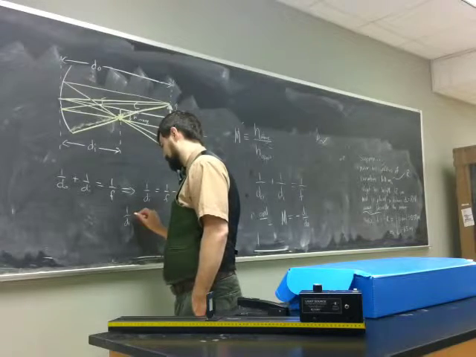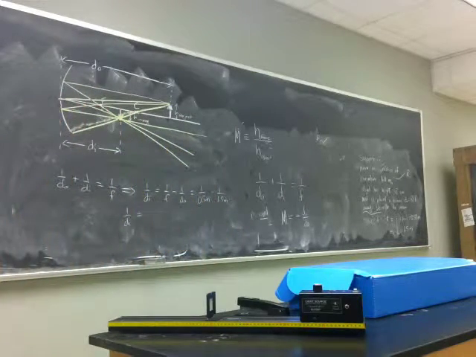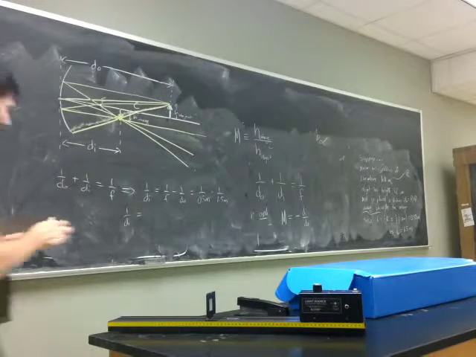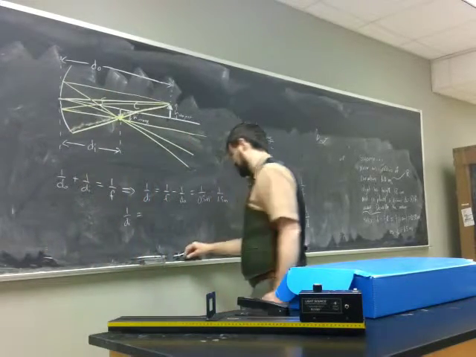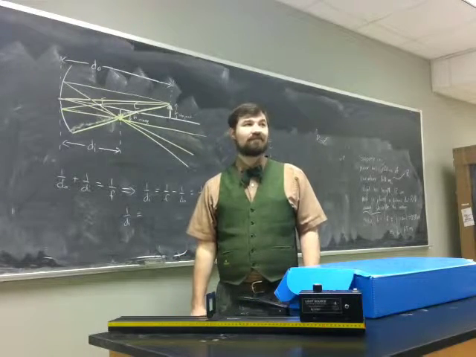This is where your calculator should be coming out if you don't know how to do it mentally. This one right here you should be able to do without the calculator. 1 over 0.5, that's 2.